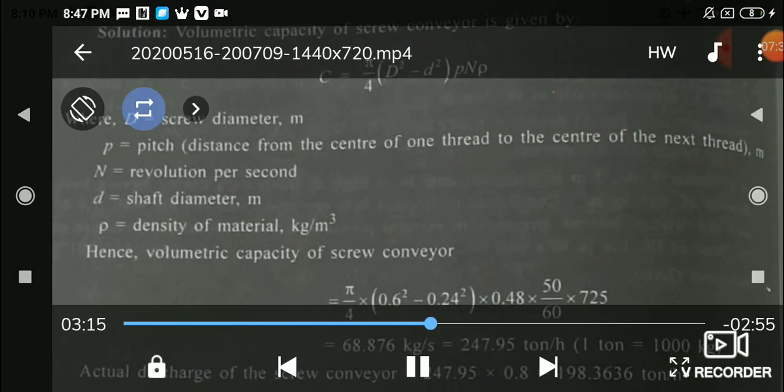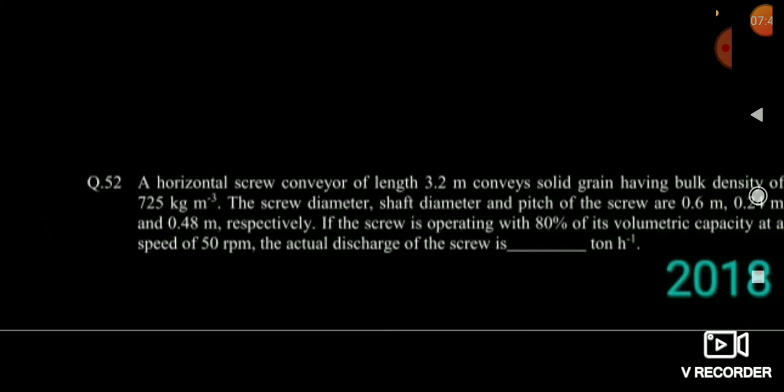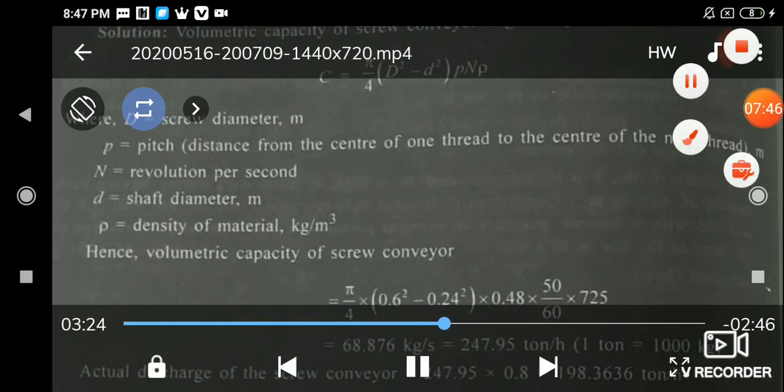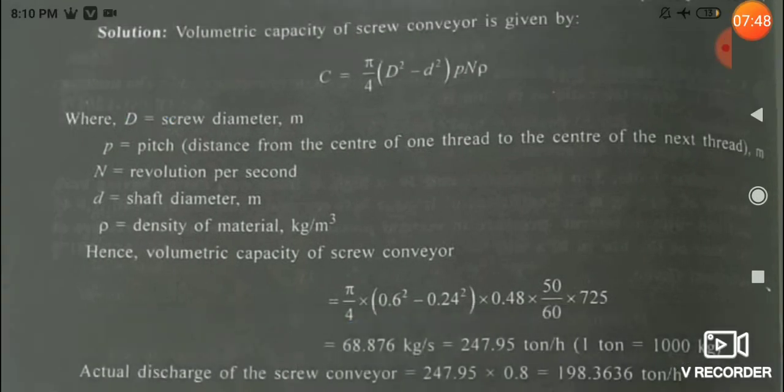Friends, this is the case of calculating the discharge in terms of weight basis. So the first thing you should calculate is the theoretical capacity of conveyor, that is pi by 4 into (D square minus d square) into p into n.